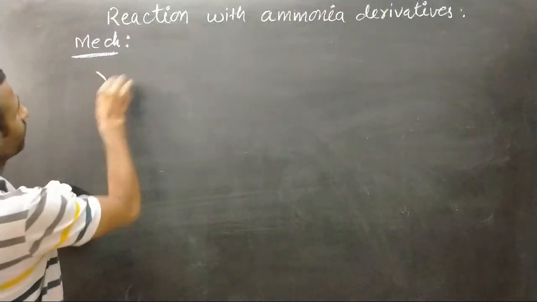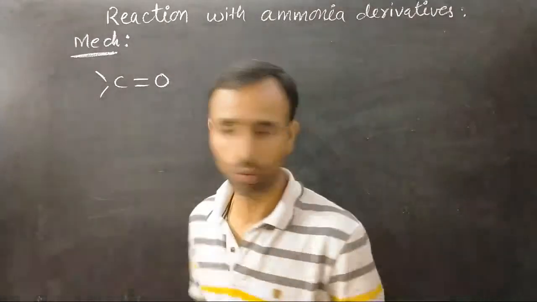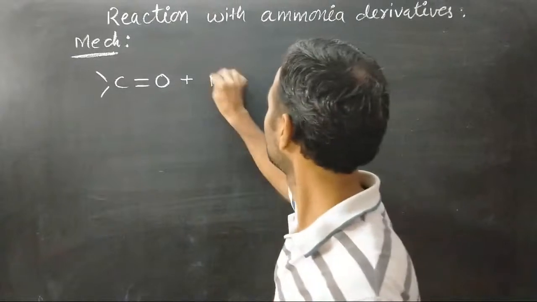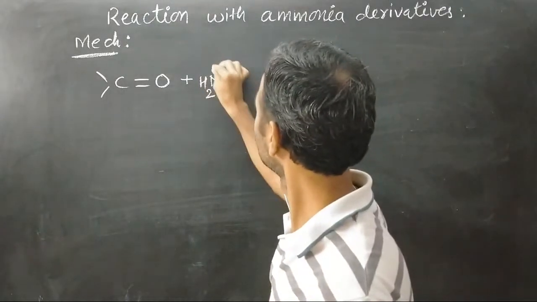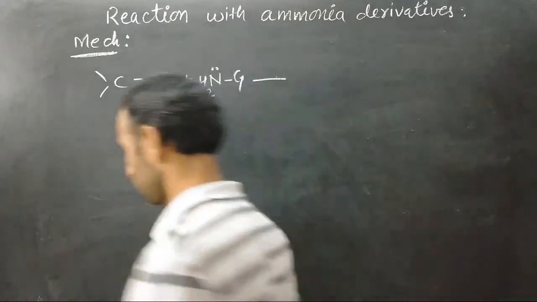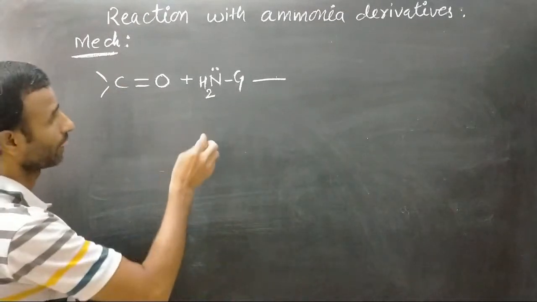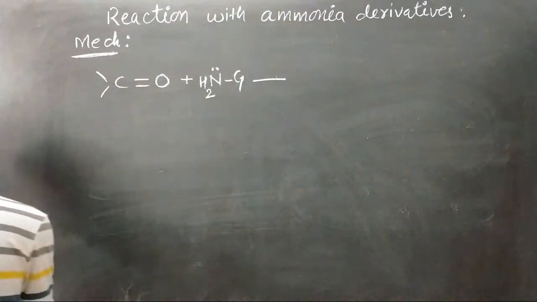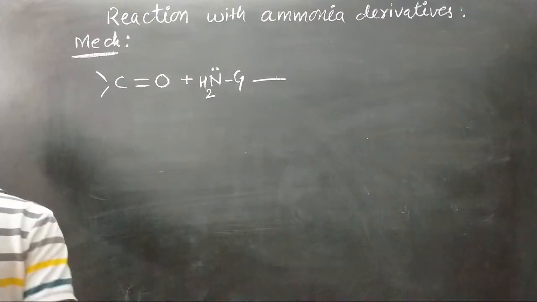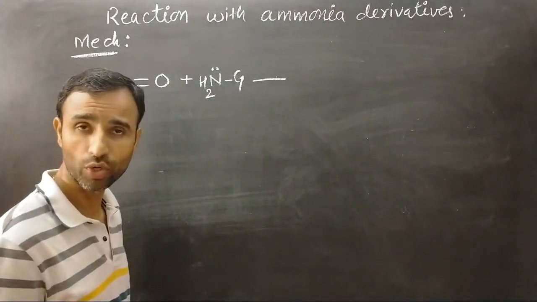See, we have this carbonyl group, means aldehyde or ketone. Now this carbonyl compound, when it reacts with an ammonia derivative, tell me what happens initially. If the medium is acidic, then what happens? I said it is a pH controlled reaction.